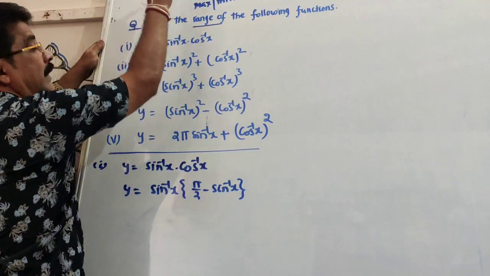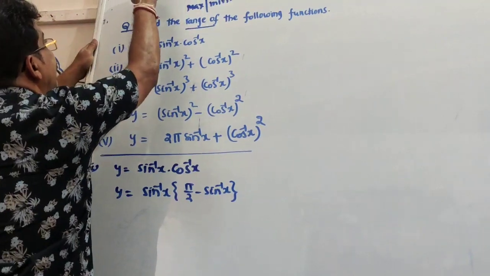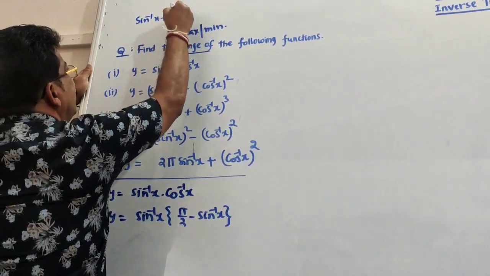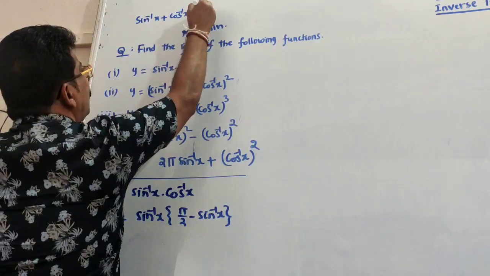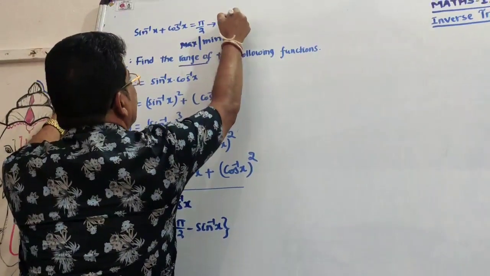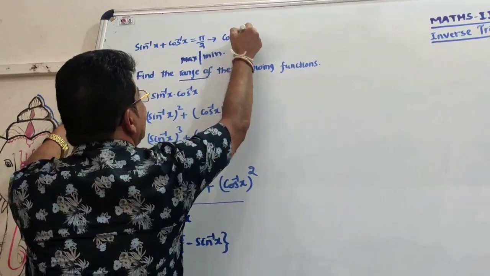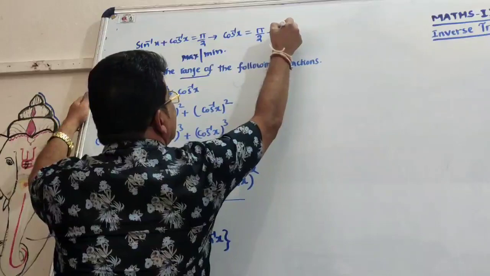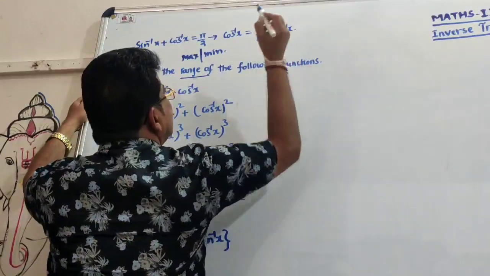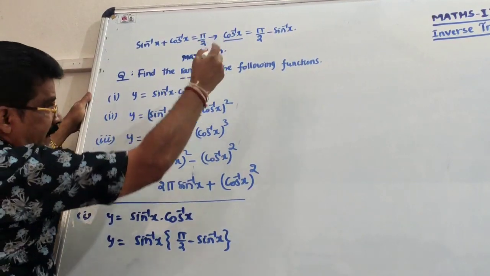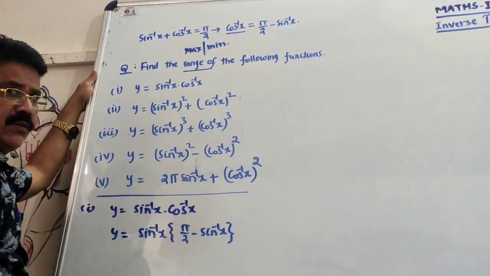Basic formula, you look at the board: sin inverse x plus cos inverse x equal to pi by 2. So it follows that cos inverse x equal to pi by 2 minus sin inverse x. So instead of cos inverse x, we wrote pi by 2 minus sin inverse x.